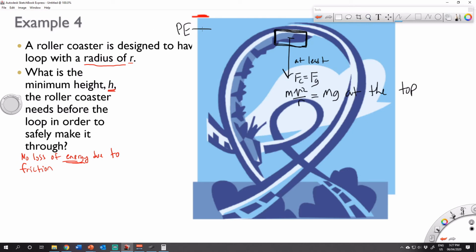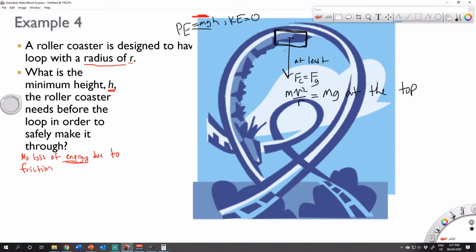So potential energy here is equal to mass times gravity times h. And if your drop height happens to be the same as here, well, the start of the drop generally has a kinetic energy of 0.